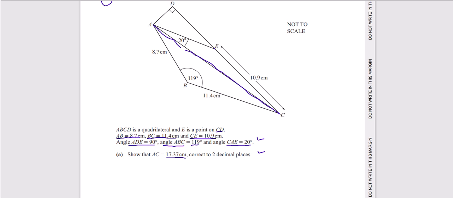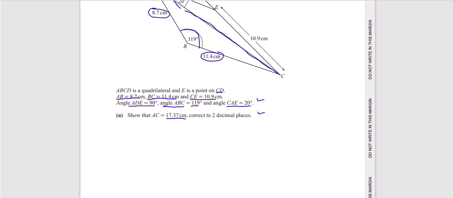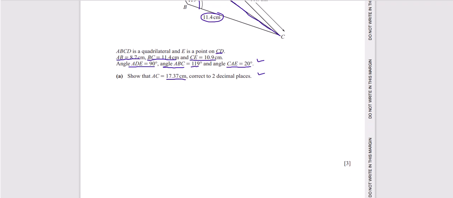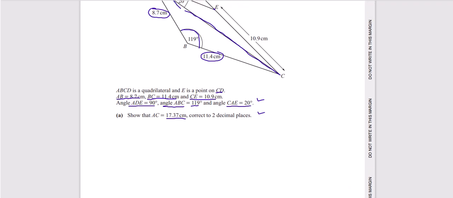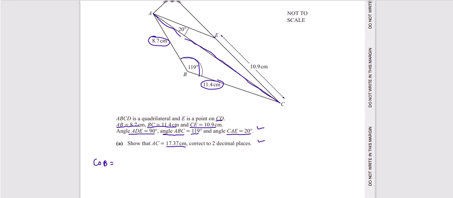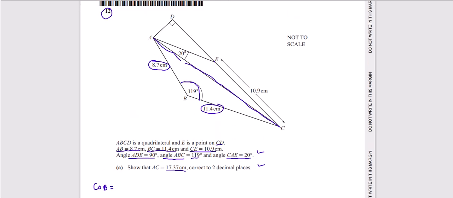Now in this triangle we have 2 sides and 1 angle, so we must use the cosine law. Now the given angle is B, so use cos B is equal to the sum of the squares of the other sides except the front side.